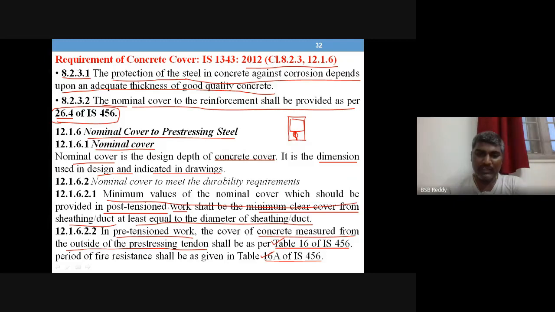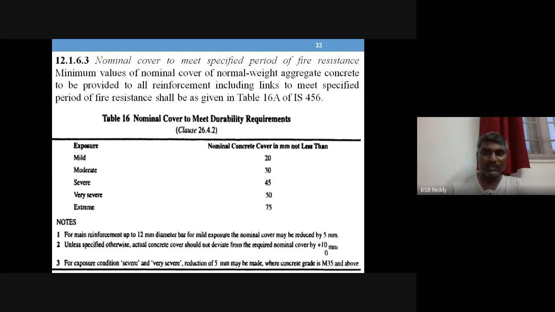You have to maintain the diameter of the duct or sheathing as the clear cover in post-tension work. And for pre-tension work, these are the durability requirements given in IS 456, depending on the exposure. So for mild, you need minimum 20 mm. Moderate exposure, 30 mm. Table 16 is famously known as the nominal cover to meet the durability requirements.